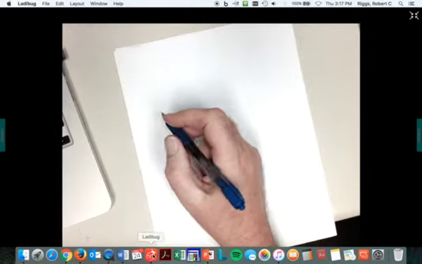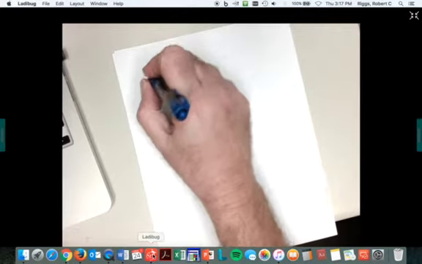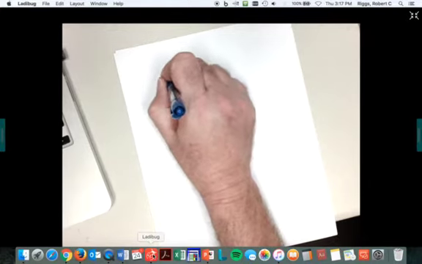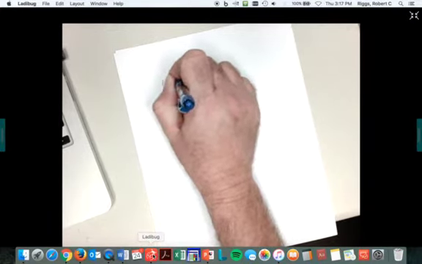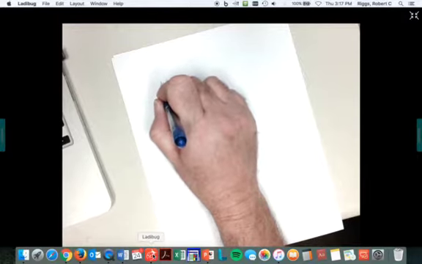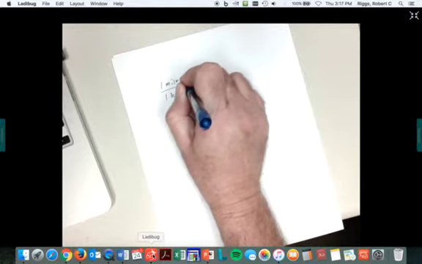Here's a quick conversion. Let's go from miles per hour into meters per second. If I'm going 1 mile per hour, how many meters per second is that?